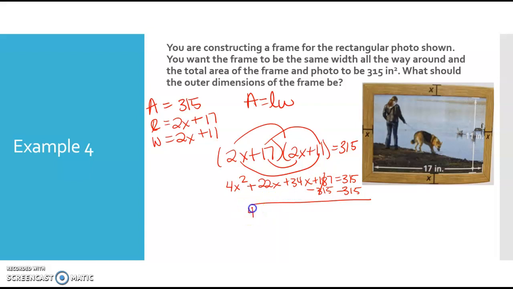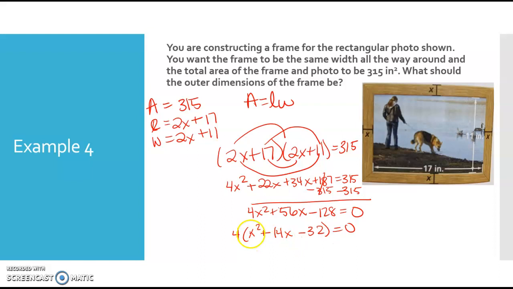So now we have 4x squared plus, and I'm going to combine these at the same time. 4x squared plus 56x minus 128 equals 0. Now I can factor, but I do notice that 4 comes out of all of this. So I'm going to take 4 out to the front, leaving me with x squared plus 14x minus 32 equal to 0.